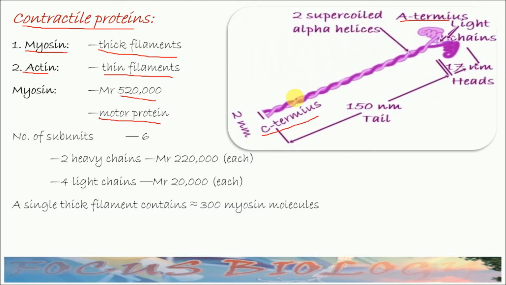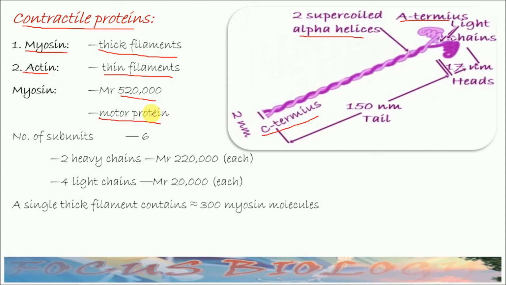It is made up of two alpha helices which are supercoiled, and four light chains here, 1 and 2 on each alpha helix.